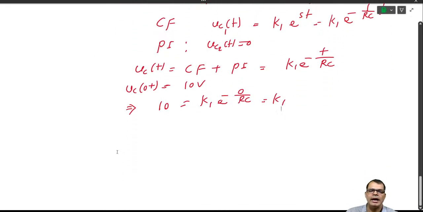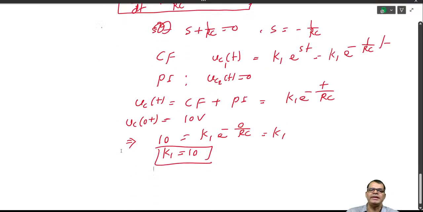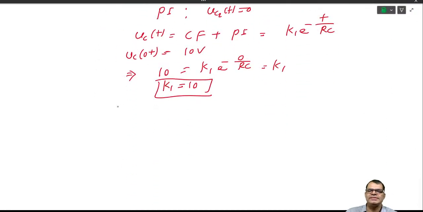So K1 is equal to 10. Finally Vc(t) is equal to 10 e raised to the power minus t upon RC.